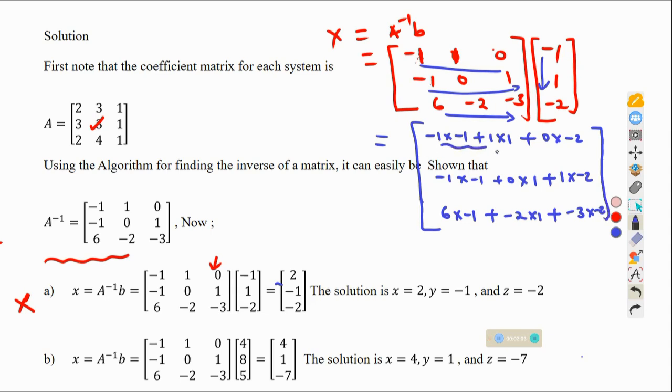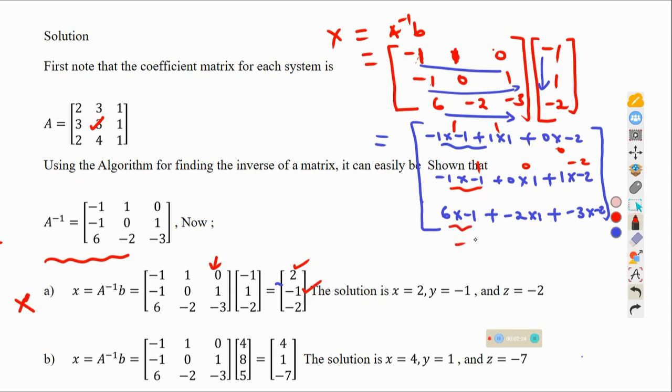When we simplify, this one is 1, this one is 1, but this is giving us 0, so 1 plus 1 gives us 2. This one here is 1, this is 0, this is negative 2, so you have 1 plus 0 plus negative 2, which is negative 1.